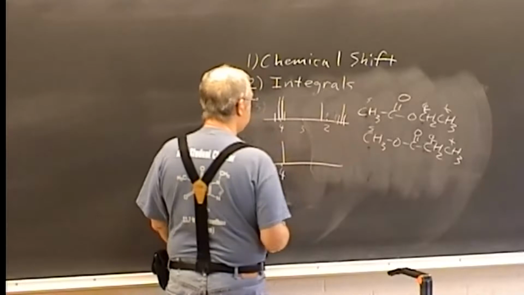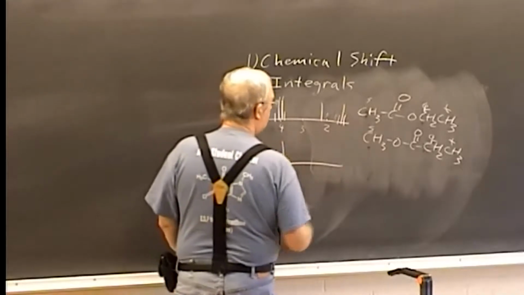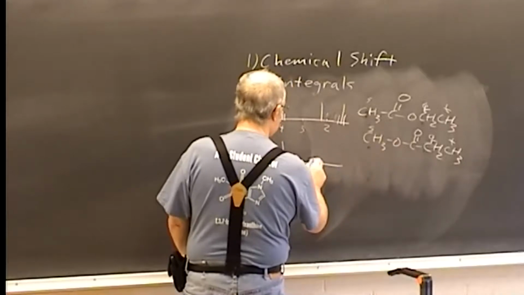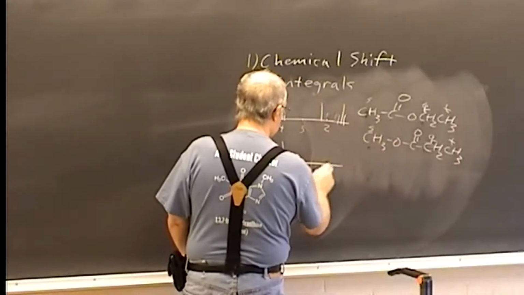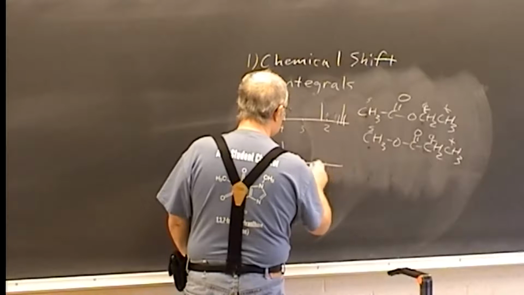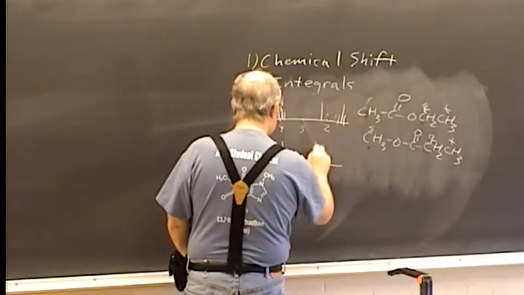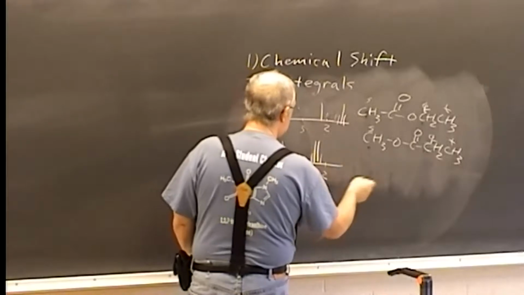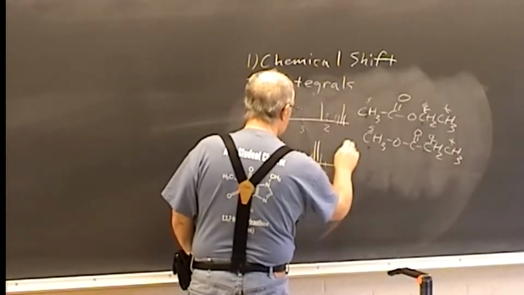So that would show up at about 4. The CH2, okay, that would be a quartet. That would show up between about 2 and 2.5, so we have a quartet. And then the triplet would be down here between 1 and 2.